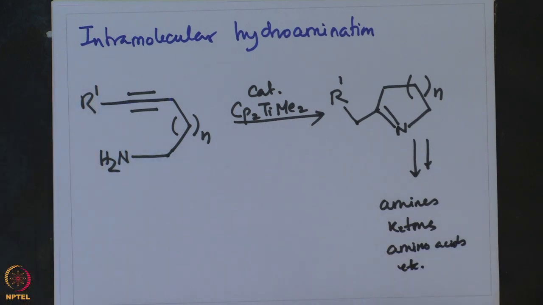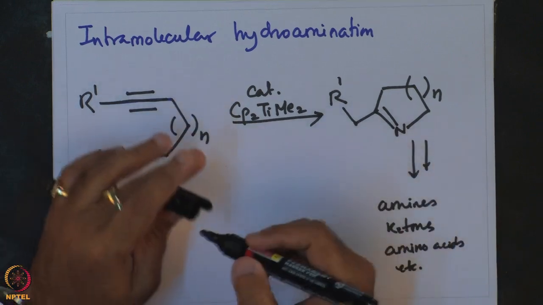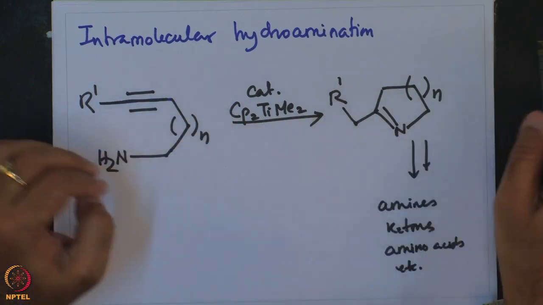So, what it shows is that hydroamination, when catalyzed using a transition metal, can be used to convert in a very effective manner to various amines, amino acids, ketones, and other useful reagents.